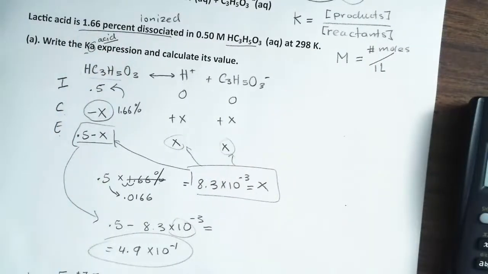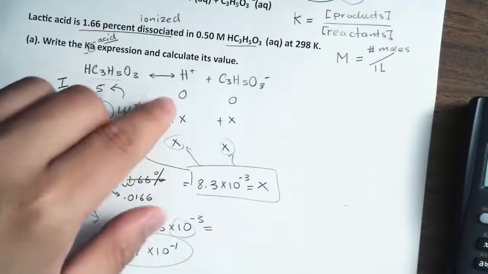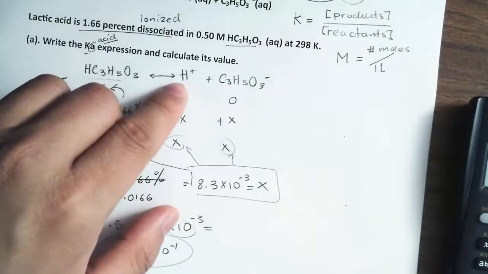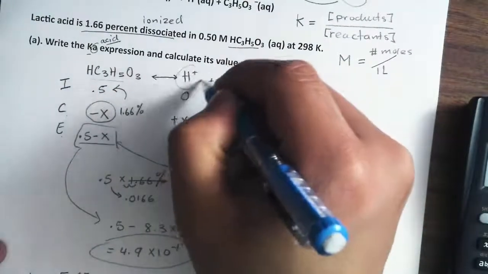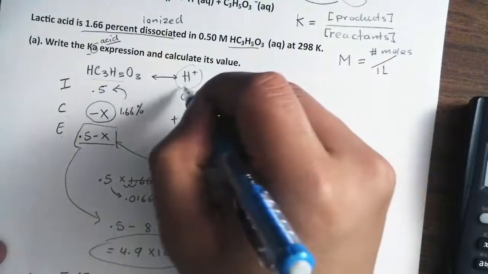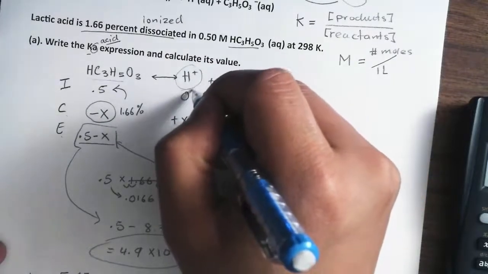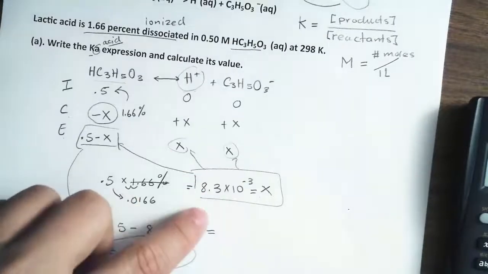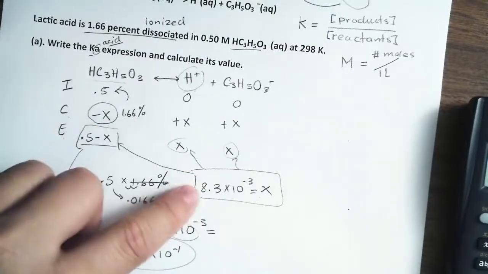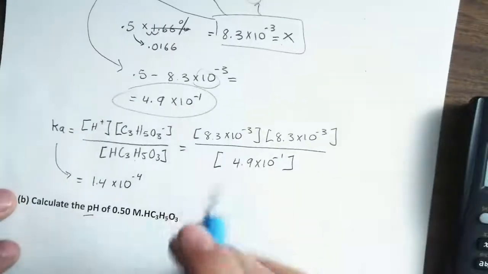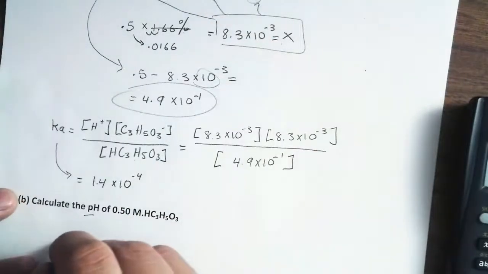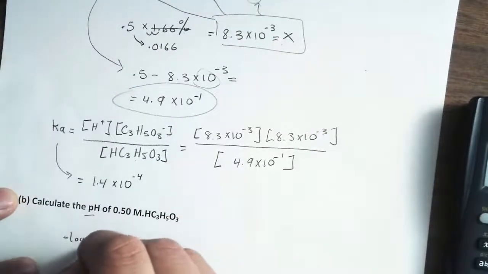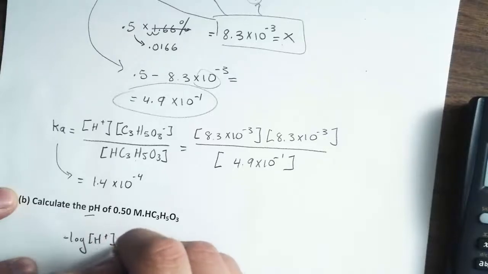So only 1.66% will produce H+, and this is where our pH is going to come from. This is the concentration we need to look for, which we just solved in terms of x. So all we have to do is take the negative log of the concentration of H+.